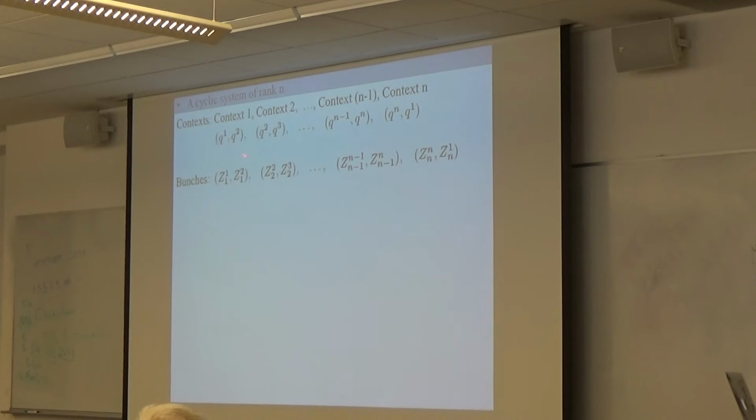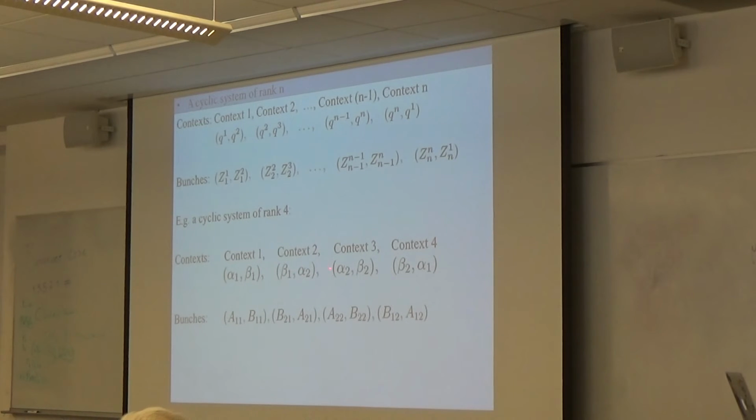It contains n contexts, and 2 entities enter in each context, and each entity enters exactly 2 contexts. The corresponding variables in response to the Q variables are denoted as Z. They are named bunches for each pair of Z's.